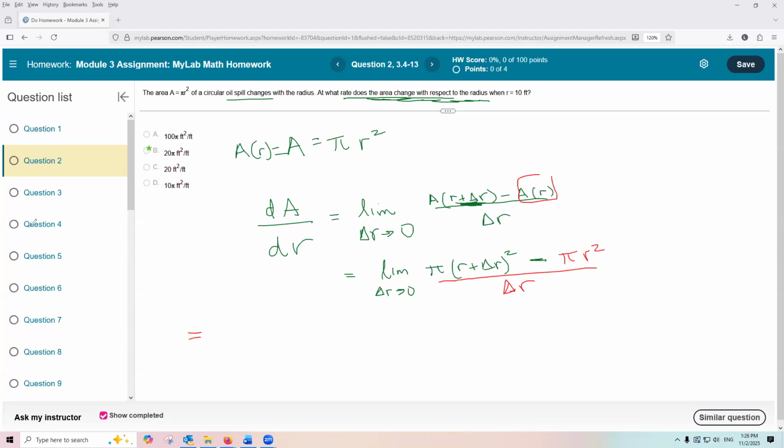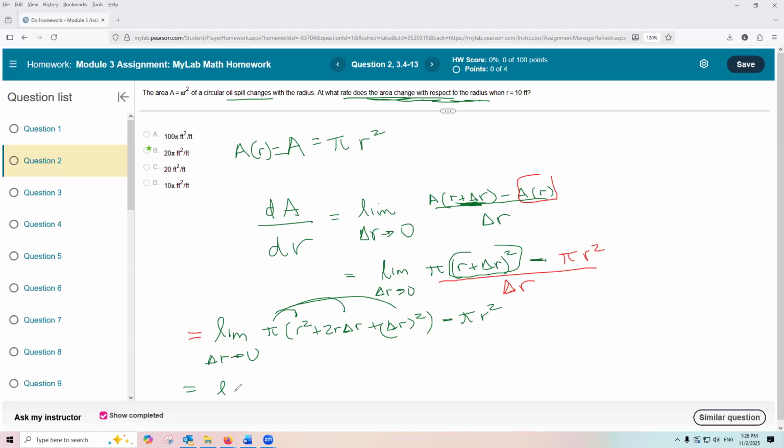All right, let me expand this parenthesis. So it's r squared plus 2r delta r plus delta r squared, minus pi r squared. All right, let me multiply this pi inside the parenthesis here.